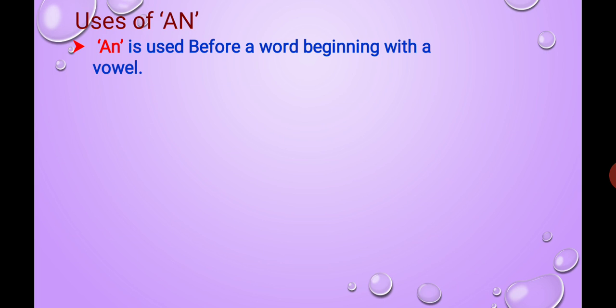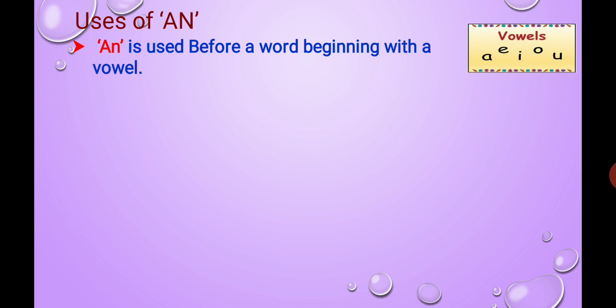Let's see the rule. An is used before a word beginning with a vowel, right? Now think, how many vowels are there in the English alphabet? There are five vowels. Which are they? A, E, I, O, U.